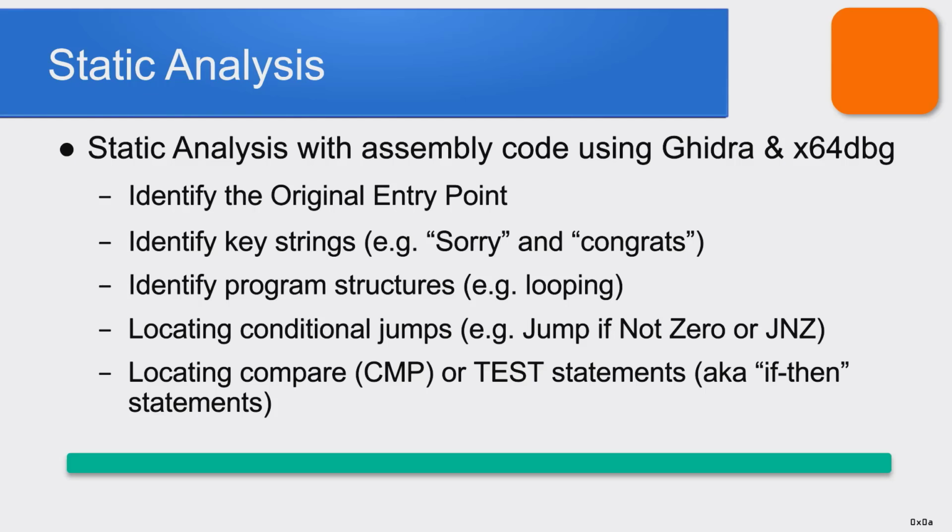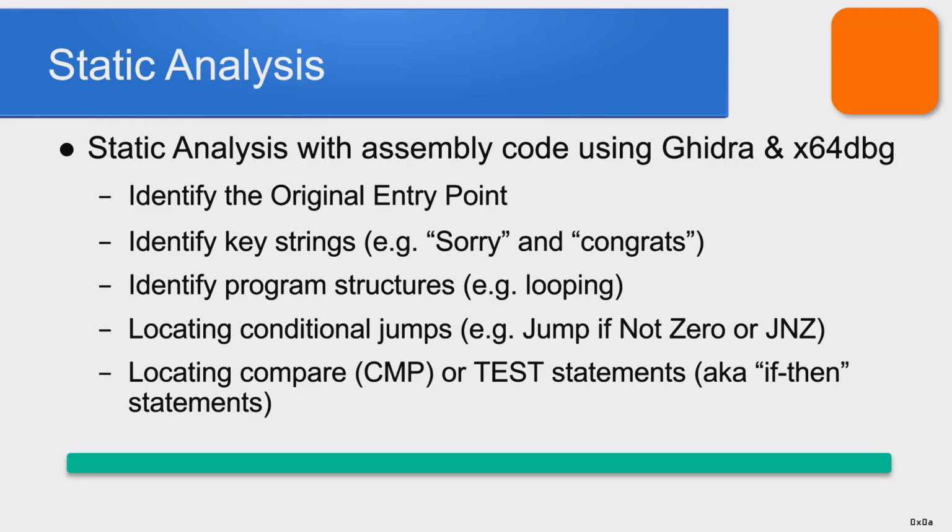Then static analysis. You have static analysis with Ghidra and x64DBG as two examples. There are others. What you're doing in static analysis is, one, identifying where the original entry point, or OEP, is, so that you know where to start your static analysis.